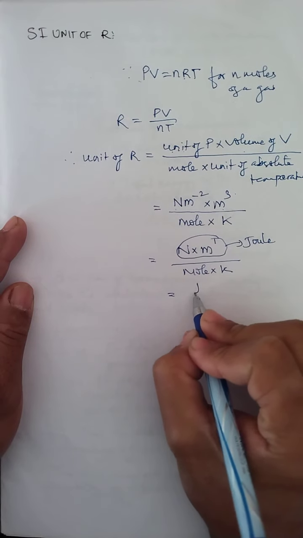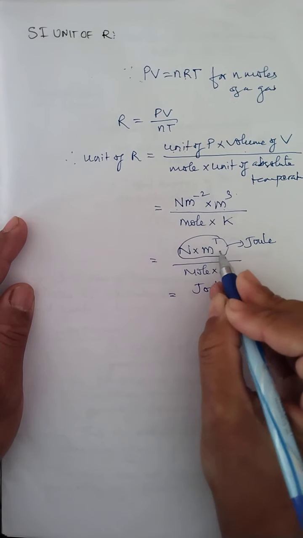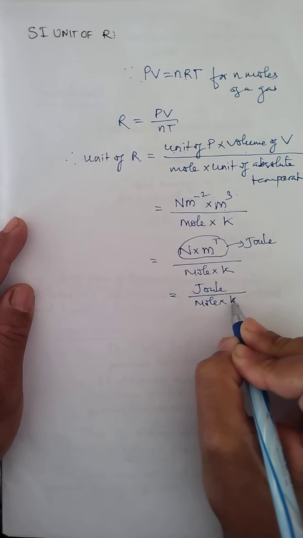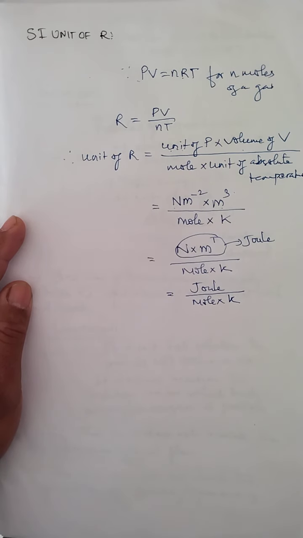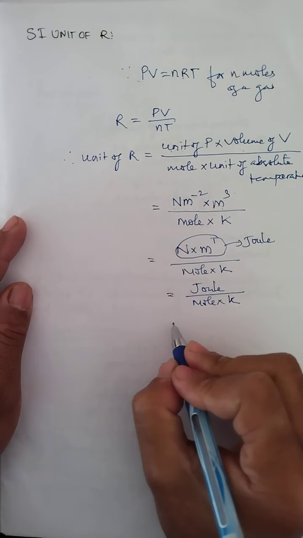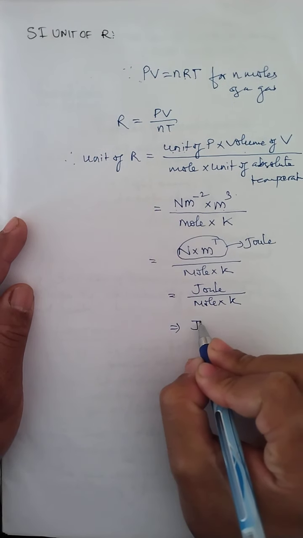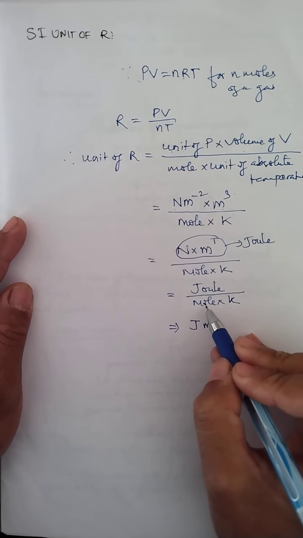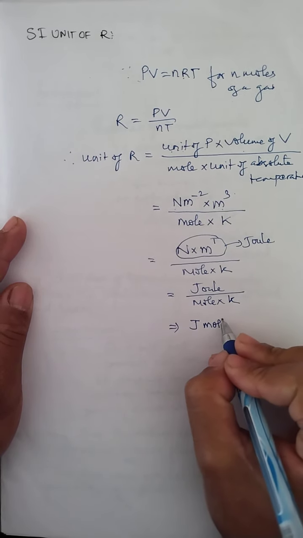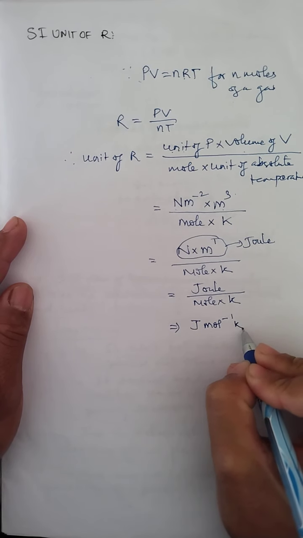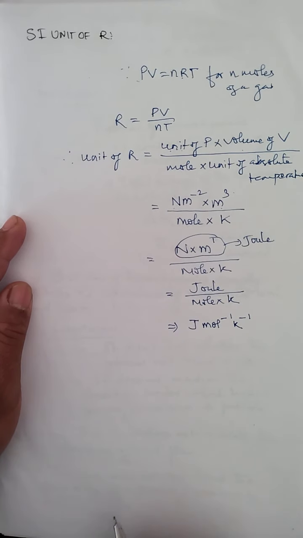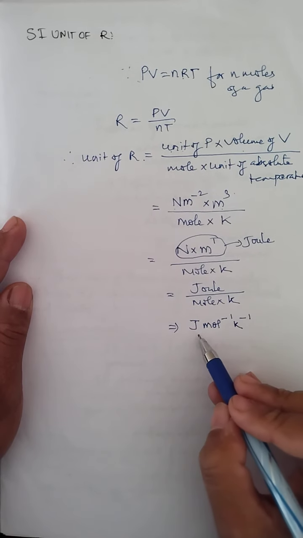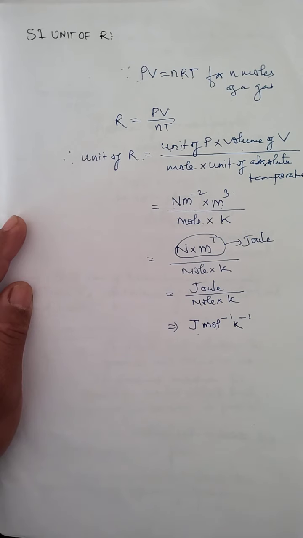So this is Joule by mole into Kelvin. The mole has the unit mol, so it will be per mole, and Kelvin in the numerator becomes per Kelvin. So the SI unit of universal gas constant is Joule per mole per Kelvin.